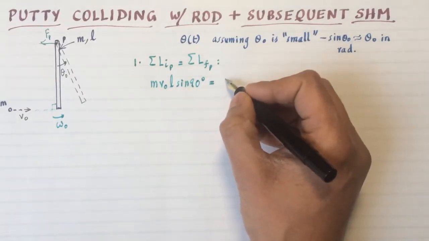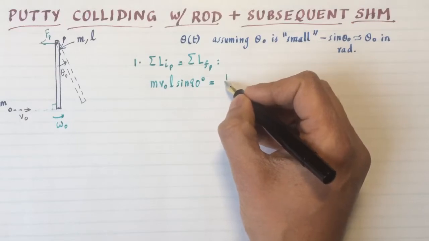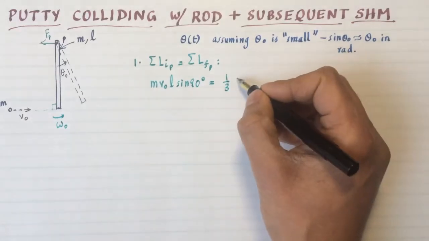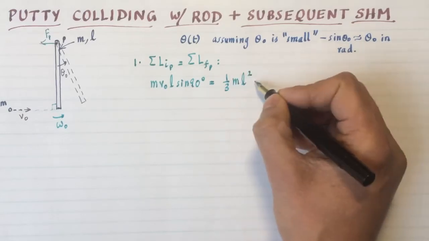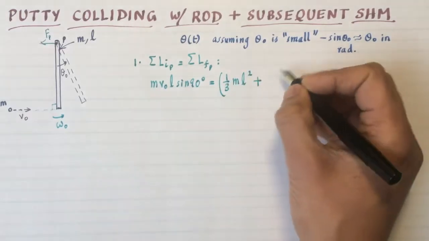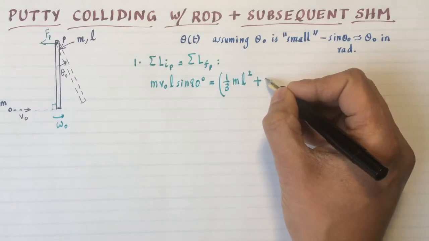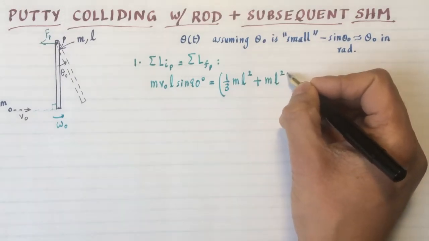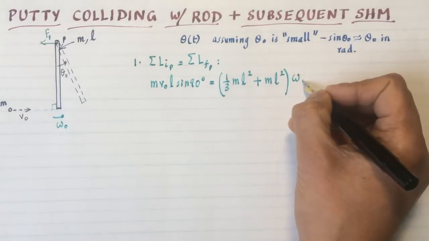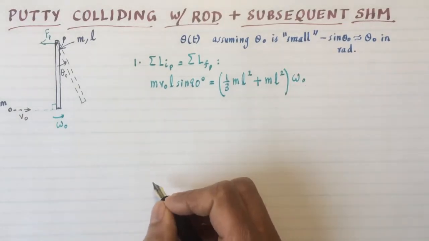So the moment of inertia of that uniform rod is 1/3 m l squared, a standard moment of inertia table entry. And then the putty is located at distance L, and the putty is a point mass, so that gives m l squared, times the initial angular velocity omega naught.